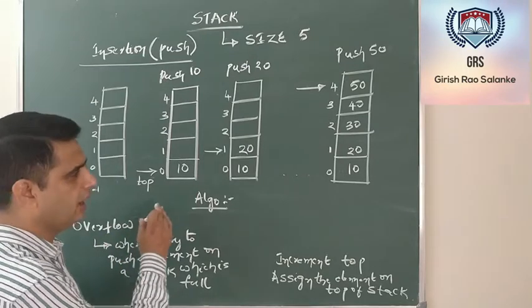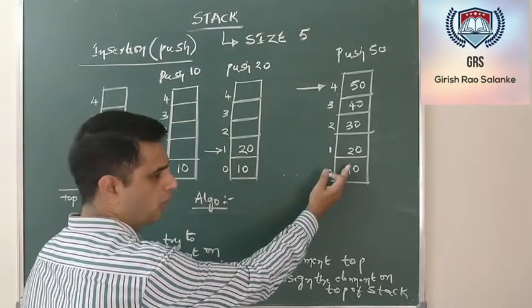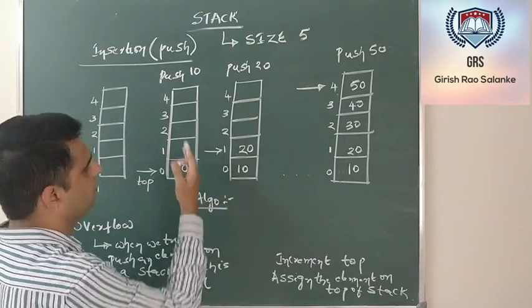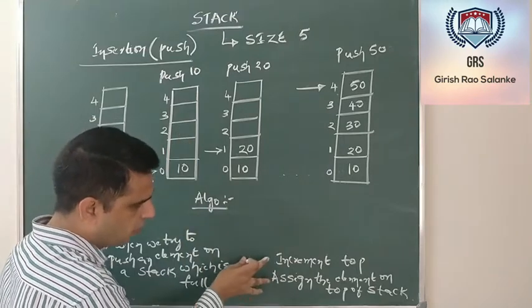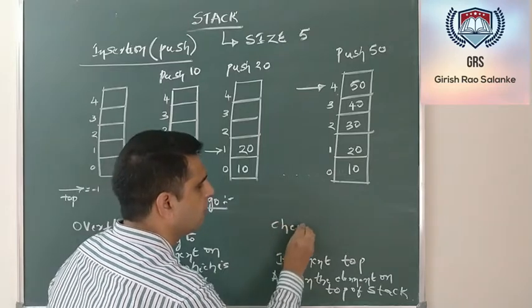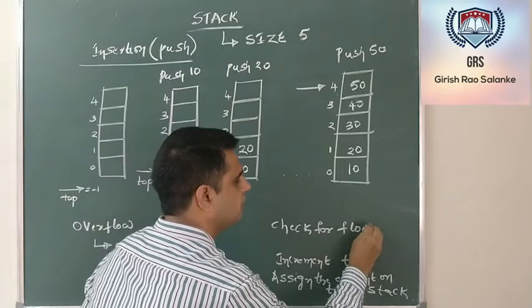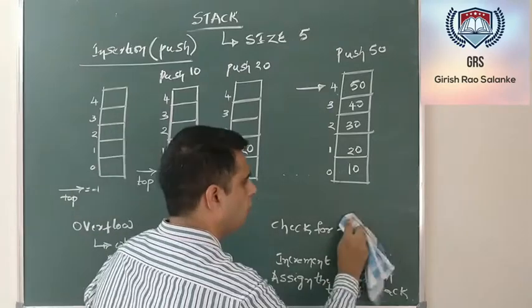So every time you try to push an element onto the stack, you should first check for overflow. In case of the insertion operation, before performing these two operations, you should always check for overflow.